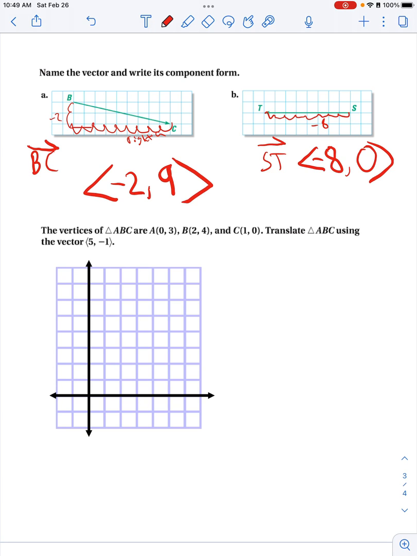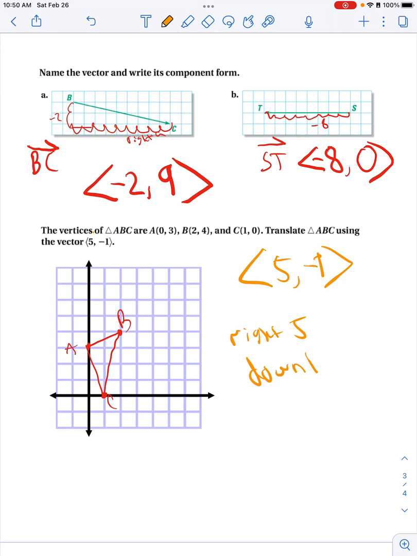Triangle ABC is at (0, 3), (2, 4), and (1, 0). This is my first triangle, and we're going to translate it. Looking at my vector, that means right 5, down 1.